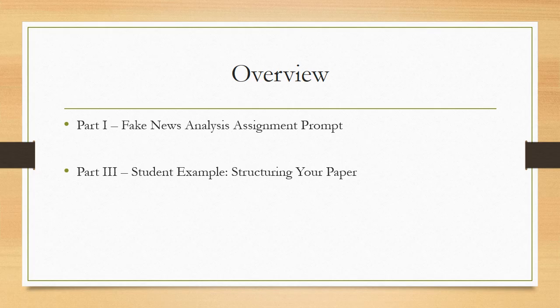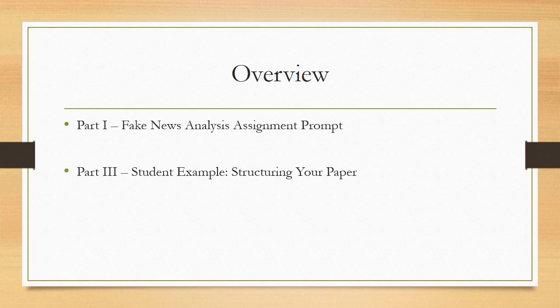Secondly, we'll talk about structuring your paper and the required reading this week on Canvas. I've posted two documents. One is on structuring individual paragraphs. The second one is on structuring the entire paper. Hopefully you find those handouts helpful. In part 2 of this lecture, sorry for the typo there, it should say part 2, not part 3, I will go over both those documents, the paragraph and the whole paper.